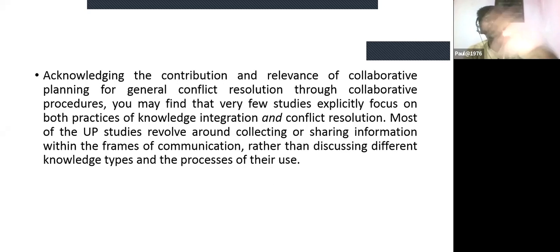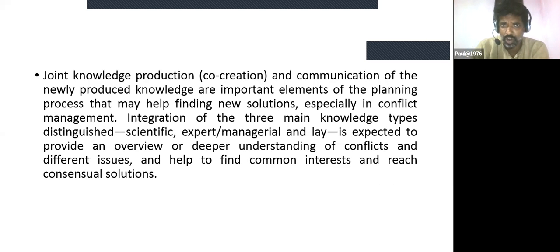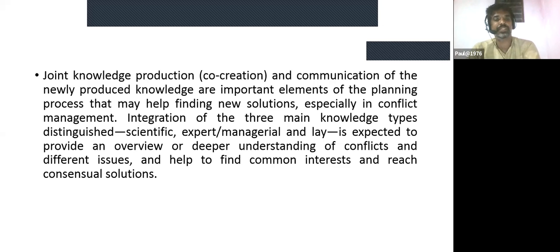So most of the urban planning studies revolve around collecting or sharing information within the frames of communication rather than discussing different knowledge types and the process of their use. Joint knowledge production, co-creation and communication of the newly produced knowledge are important elements of the planning process that may help in finding new solutions, especially in conflict management.